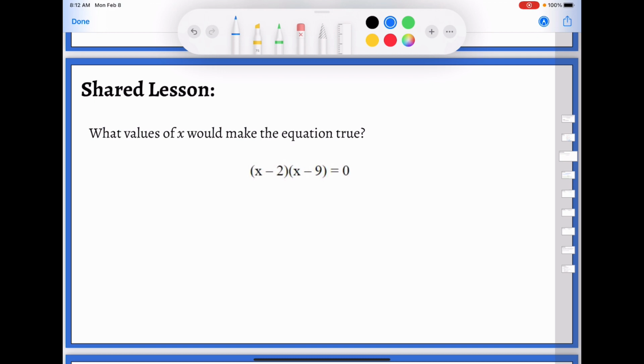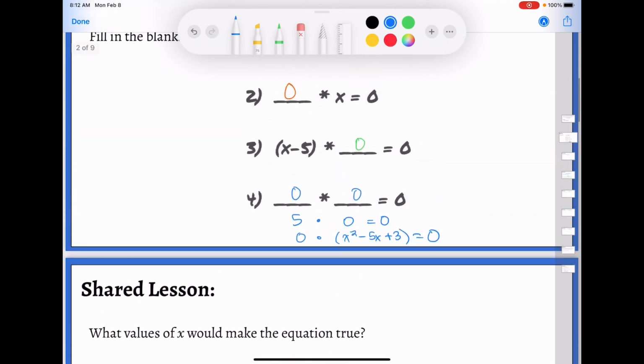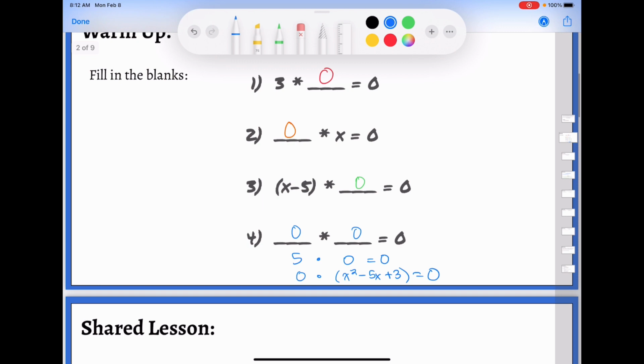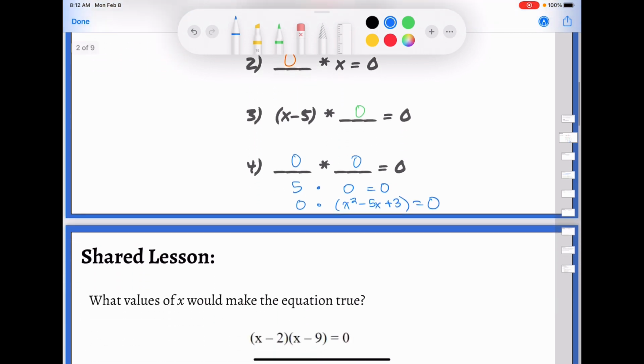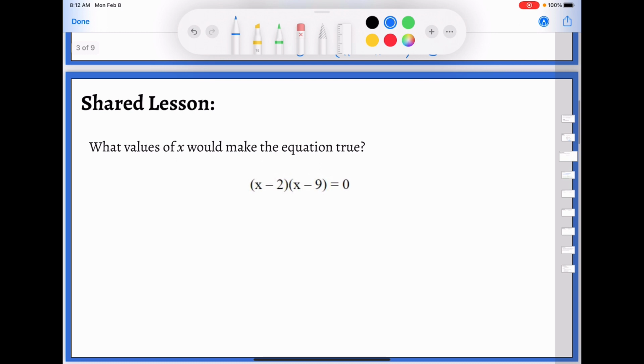I want you to think about what we just talked about in our warm-up. Look at number 3. It says that this, whatever this parentheses is, x minus 5, if I multiply it by 0, the whole thing will equal 0. Notice, that's what I'm trying to do in this one too, right? I'm trying to make this whole equation equal 0.